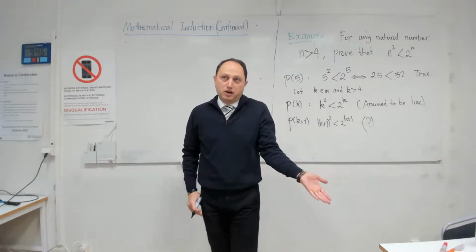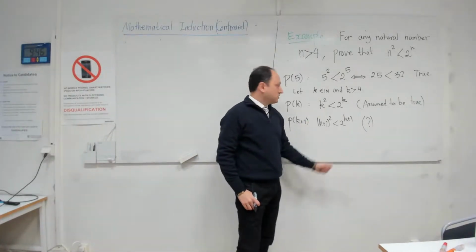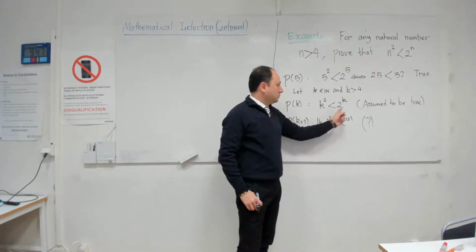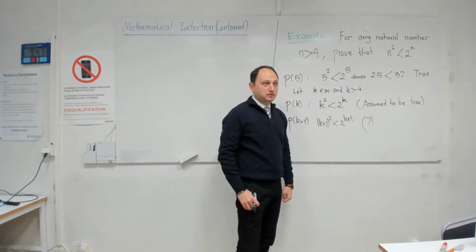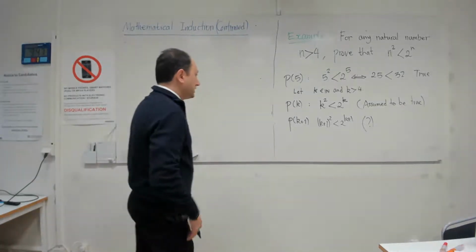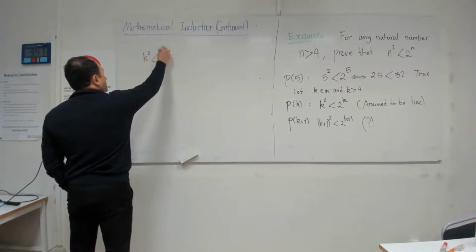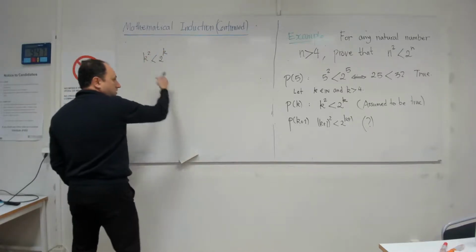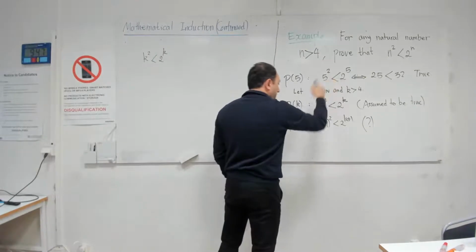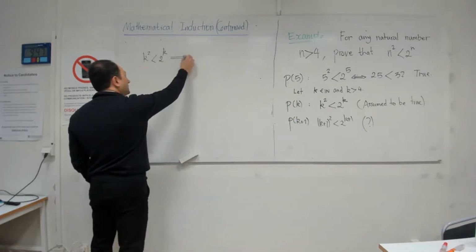I'm not saying that this 100% will work, but that is better than nothing. Yes. So which one is easier? Might be multiplying this by 2 is easier. Yes. But then you should have the logic in the back of your head. So I would say that K squared is less than 2 to power K. Can I trust this? Yes, because it's my assumption. And somehow I want to conclude this. So this motivates me.